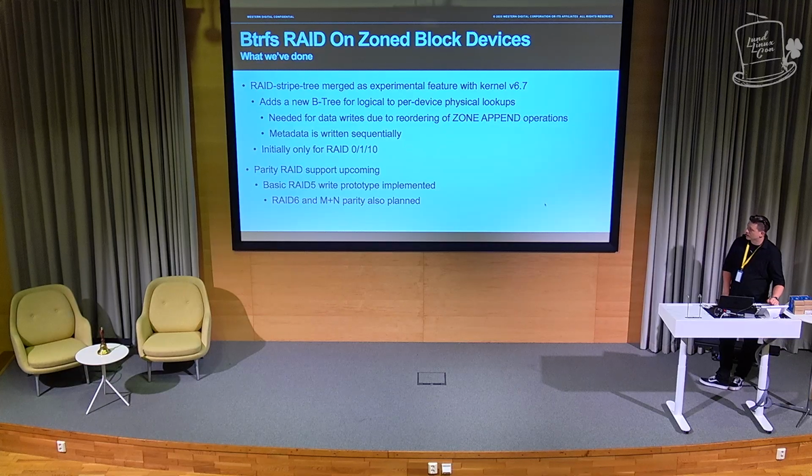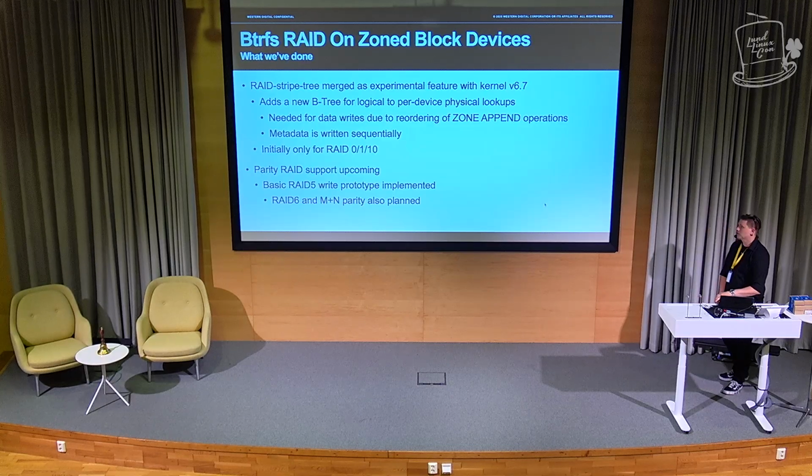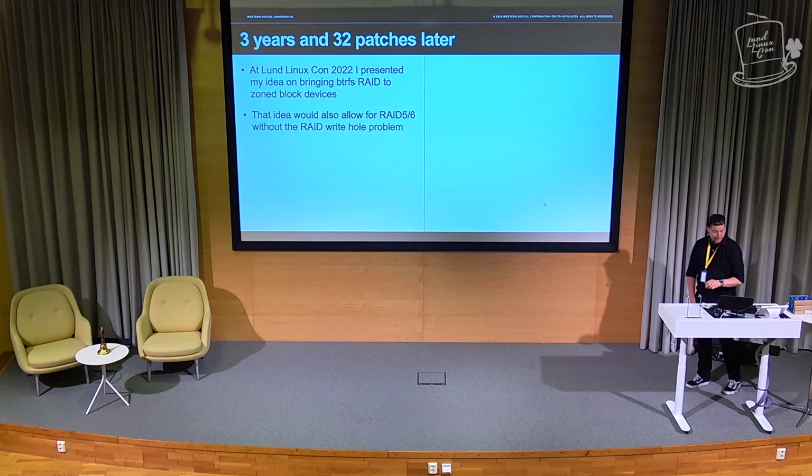For metadata, we can still do sequential writes because we actually have to write that at QD1. That's why we only need it for data. The initial support was merged in 6.7 for RAID 0, 1, and 10. Then I wanted to start parity support: RAID 5, 6, and some generic M plus N parity.